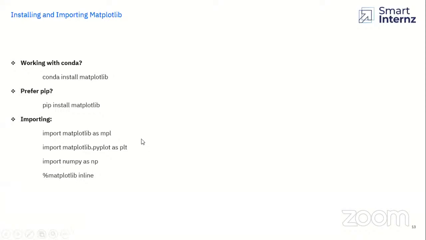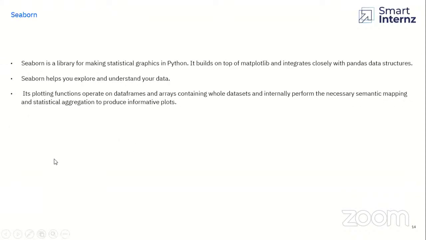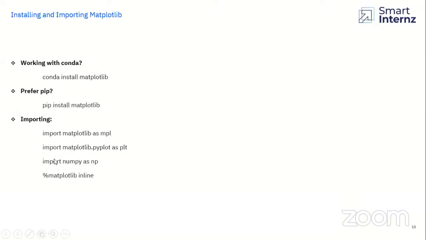We can import matplotlib as mpl, or import matplotlib.pyplot as plt, that is an alias name. And as I have already told you that we use it in combination with NumPy, we will import NumPy also.